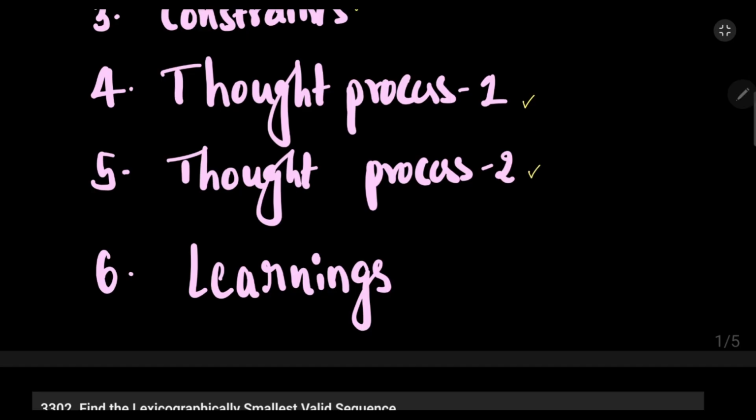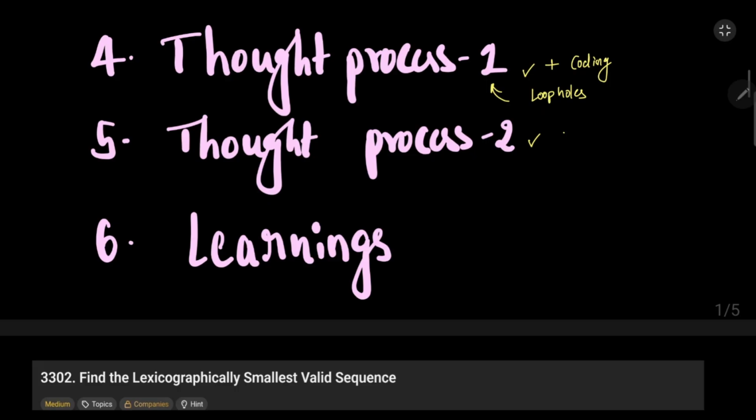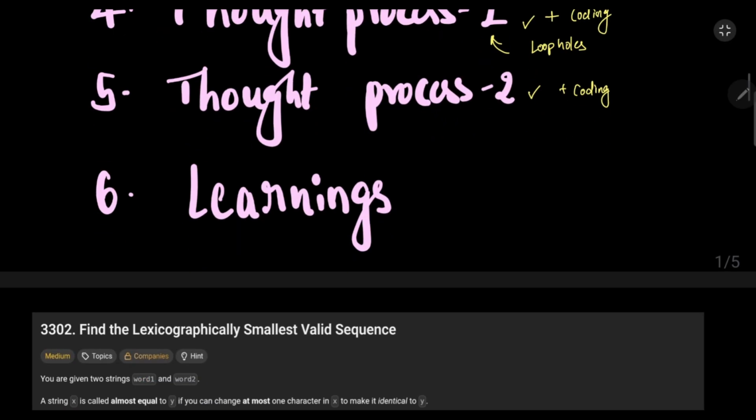For thought process 1, we'll do the coding part, and after that we'll see what are the loopholes for this thought process 1. Next we go to thought process 2 and we will do coding for this thought process 2, and at the end we will take away some learnings from this problem.